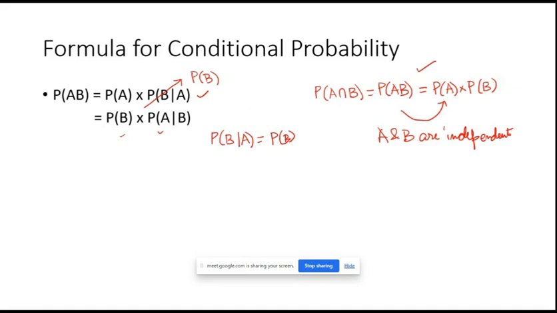If B is the event of rain and A is the event that you carry an umbrella, then the chance of carrying an umbrella depends on the event of rainfall, but not vice versa. But sometimes both may influence each other. So both formulas are valid. This is the formula for conditional probability. The formula is very simple, there is no difficulty in it. Any doubt you have?